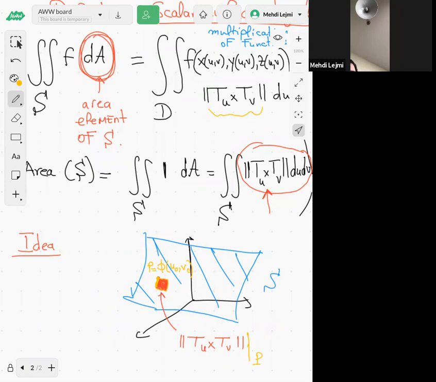What we are doing here is multiplying the area of this small parallelogram by this function f, which is defined along the surface.